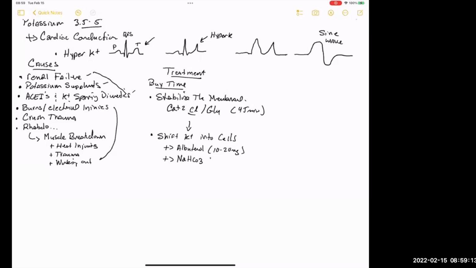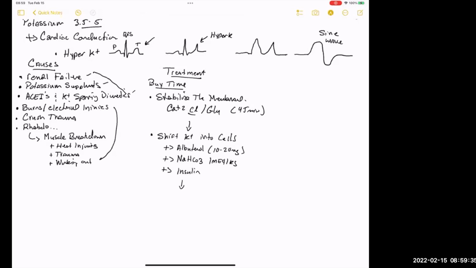And typically we would give a 1 milliequivalent per kilogram dose of sodium bicarbonate. Other things that can do this, insulin. Giving patients insulin can do this as well. And so insulin and dextrose therapy in the hospital is commonly used.